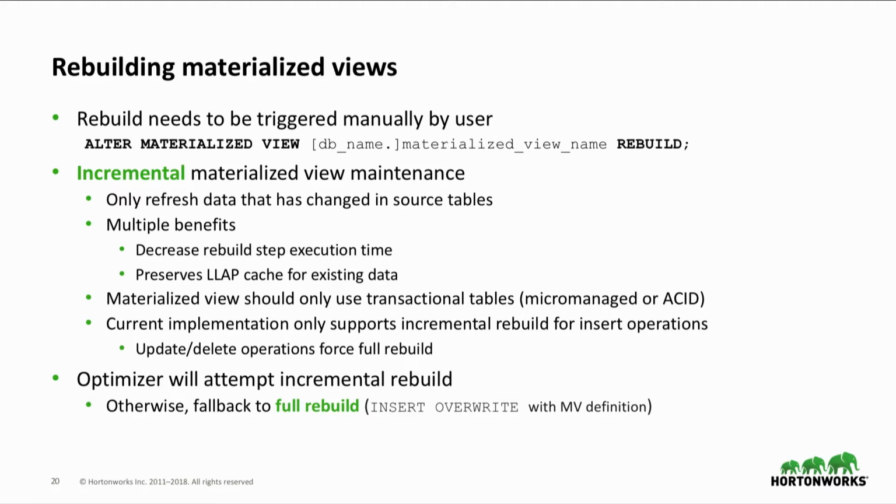And the current implementation only supports insert operations. If you have an update or a delete operation, we will actually fall back to full rebuild. And then finally, the optimizer will always attempt to do an incremental rebuild, but if it doesn't succeed, it will rebuild the view with a full rebuild that is equivalent to an insert overwrite into the materialized view, right?